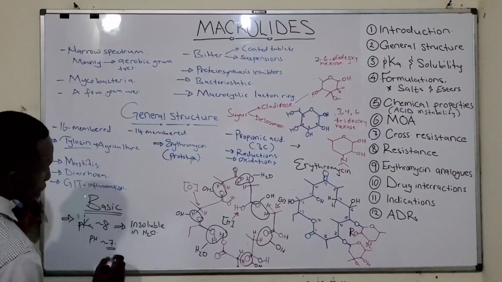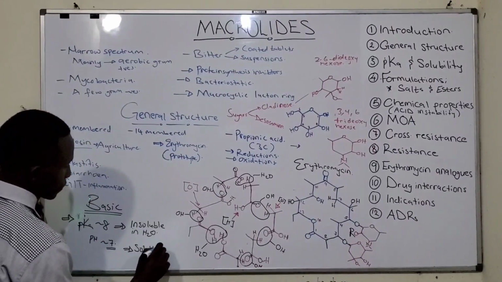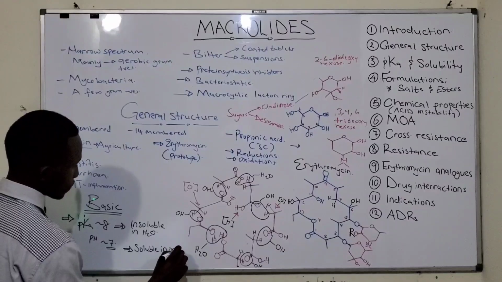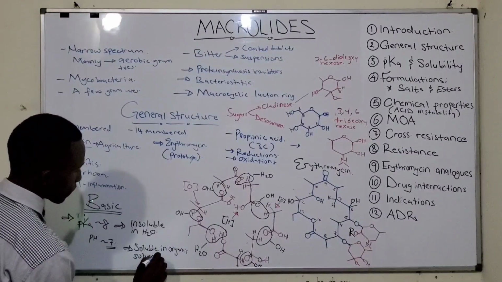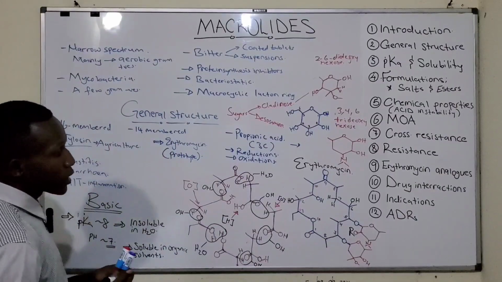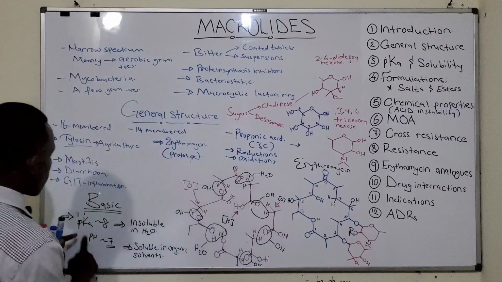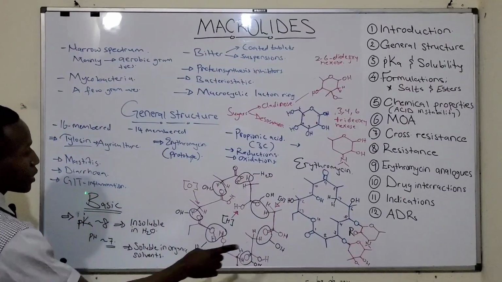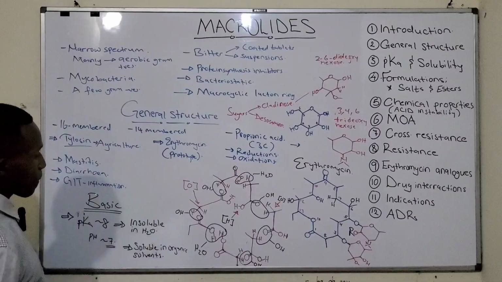But they are soluble in organic solvents, because of this macrocyclic lactone, which is more lipophilic. But because of this amino group, the pKa is around 8, making it basic. Therefore, it is insoluble in water.